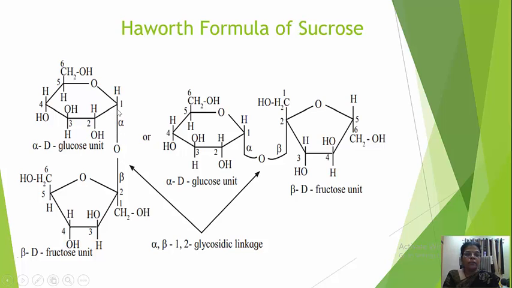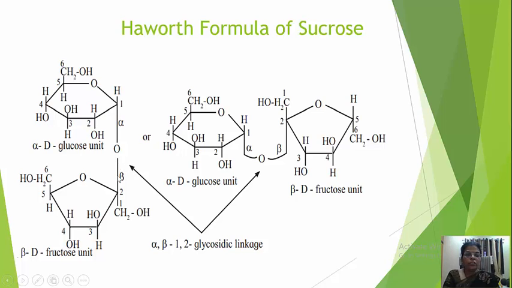That is the linkage formed between carbon number 1, the anomeric carbon of alpha D glucose, and carbon number 2, the anomeric carbon of beta D fructose. It is called the glycosidic linkage.